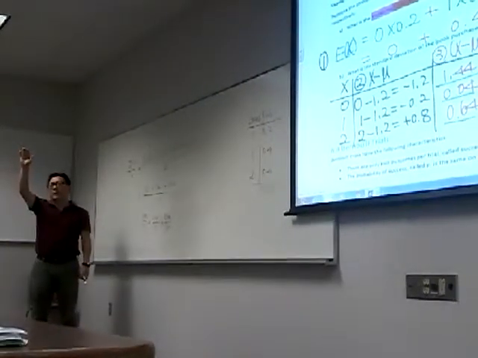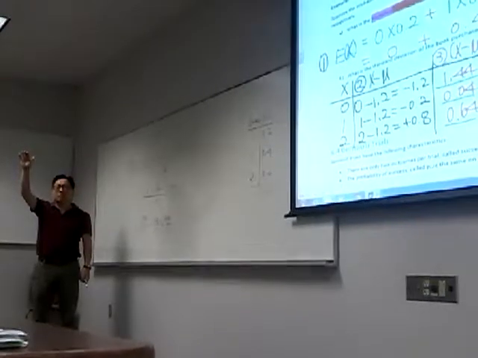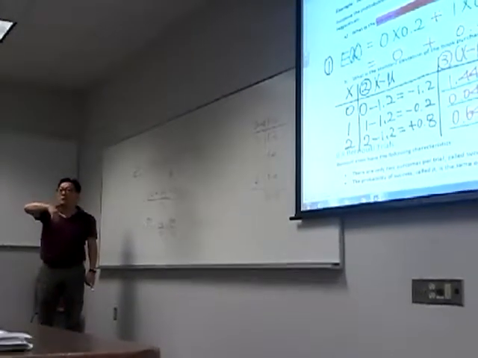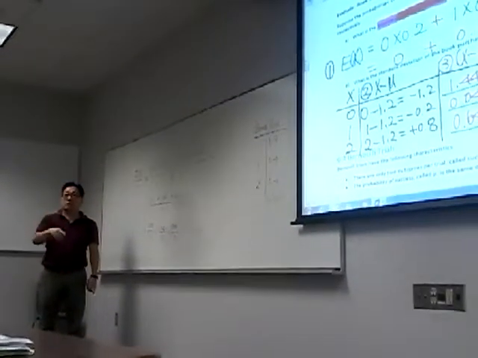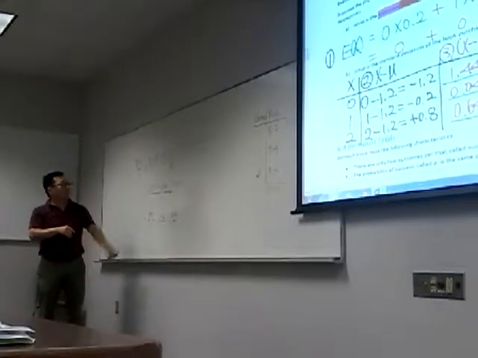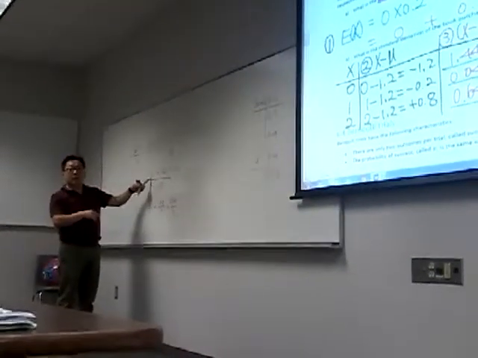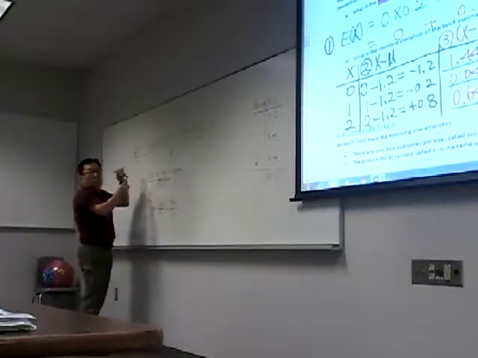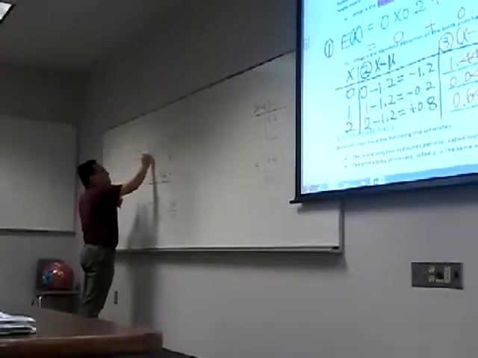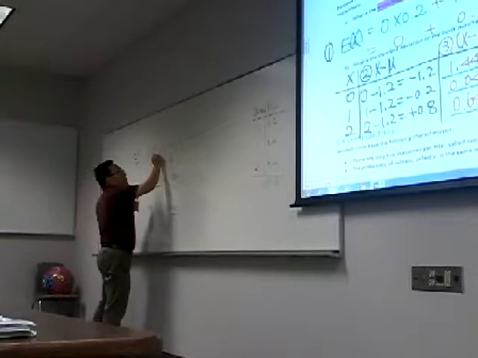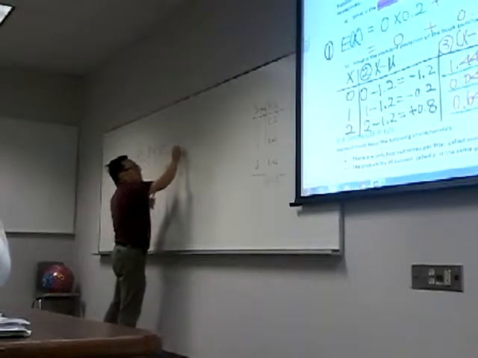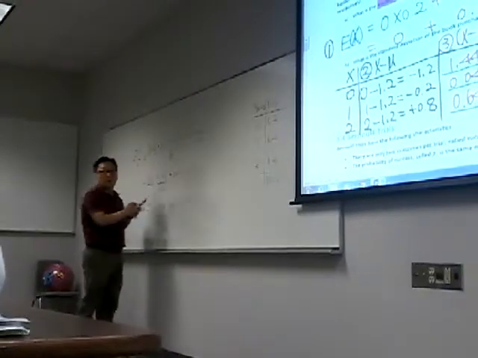Can you understand what I'm doing? I just take these: 2 zeros, 4 ones, 4 twos, right?